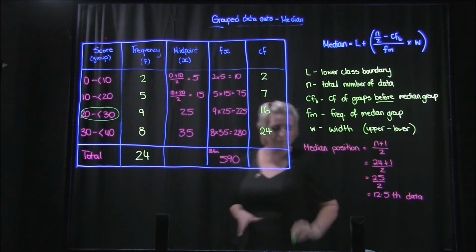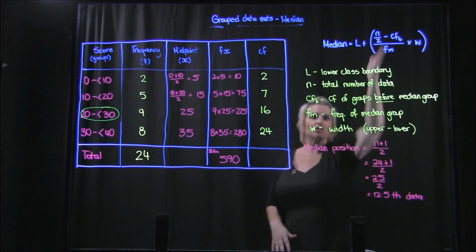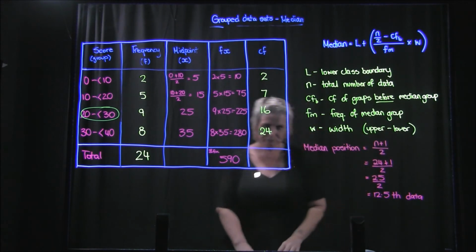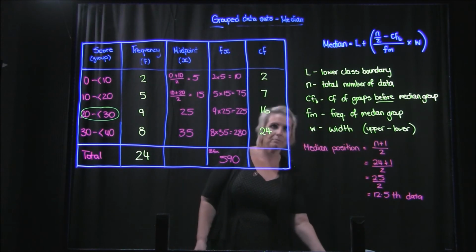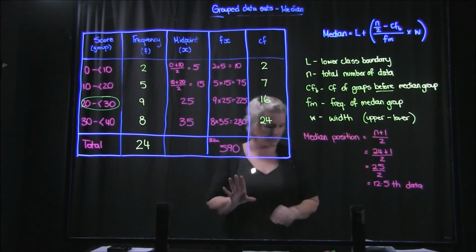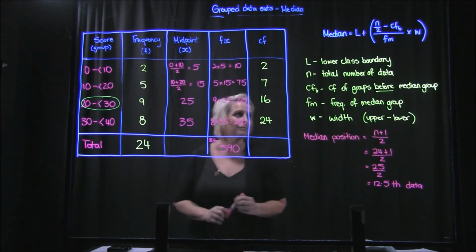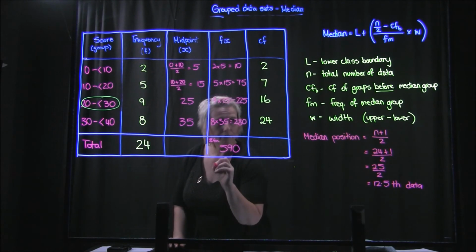So once we find our median position, we know what our median group is, then we can use this formula here. Okay, so I'm going to do it just down the bottom here. And I might be able to just pull it up a little so that there's enough for you to be able to see. Okay, so what I'll do is write the formula.